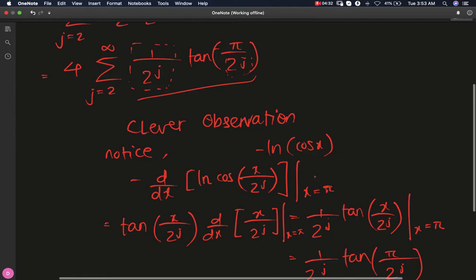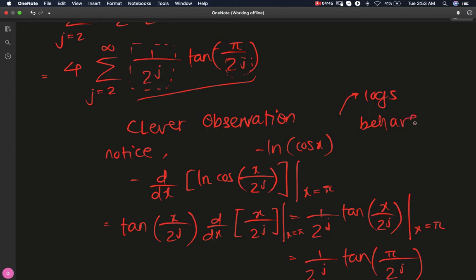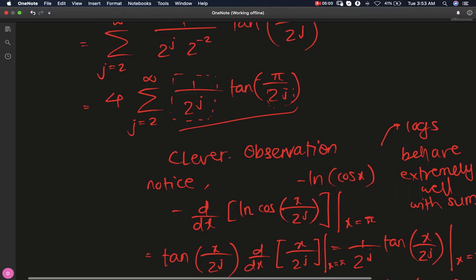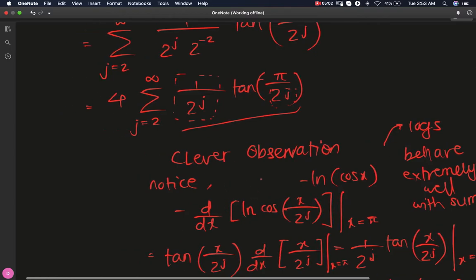Well, it's because we obtain a natural log, and logs in general behave extremely well with sums. And if you're not convinced, let me write this in terms of a derivative, and then you'll know.